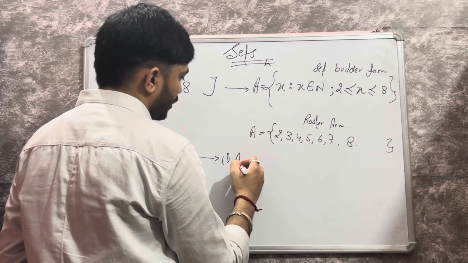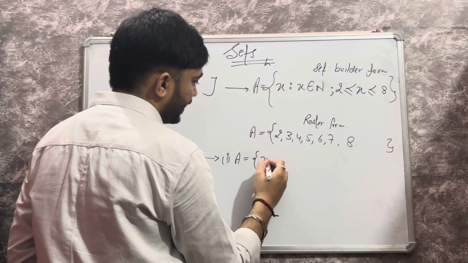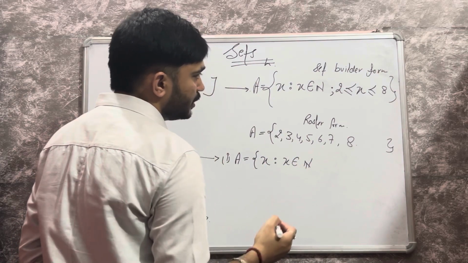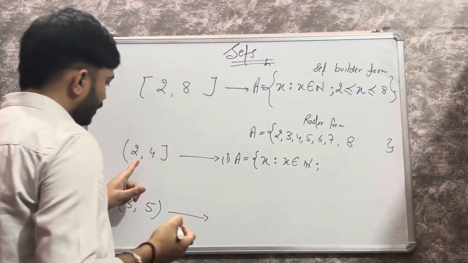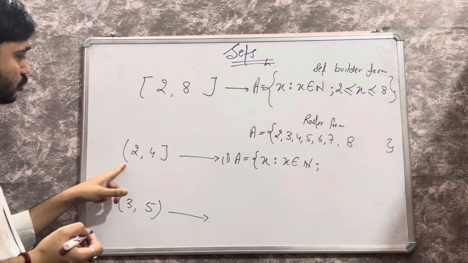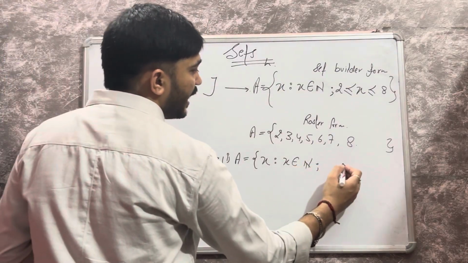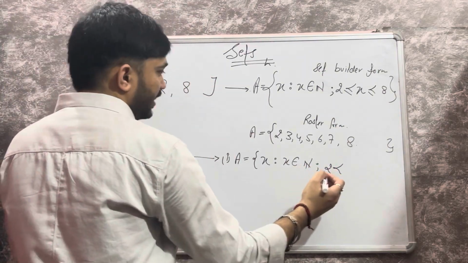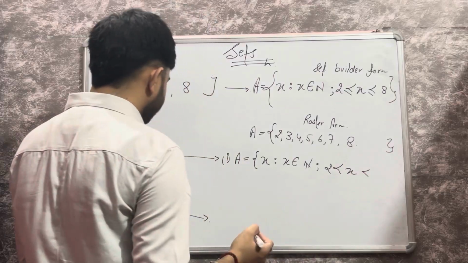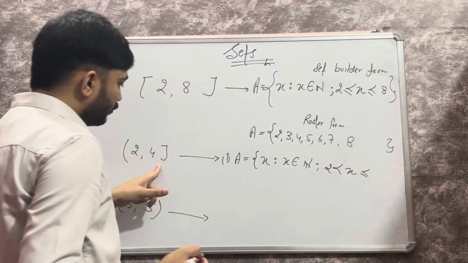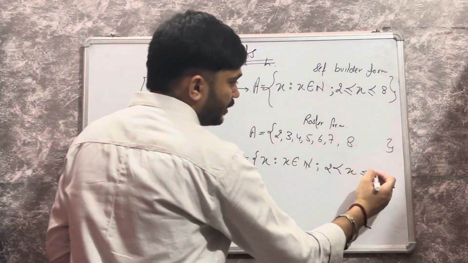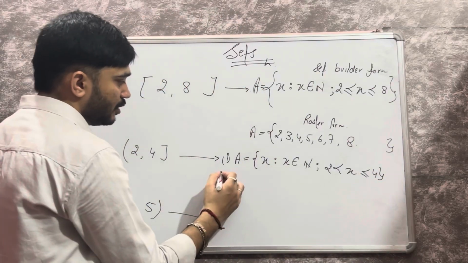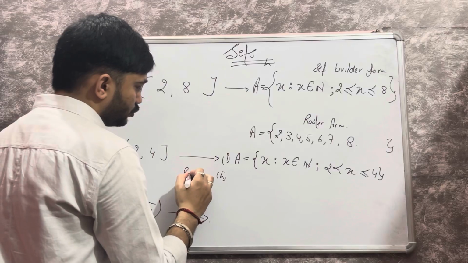A is equal to {x : x belongs to natural numbers, where here it is an open bracket, so 2 should not be included, so we add just the less than sign with value 2 here, then x, then the less than or equal to sign because the closed bracket is here, and 4}, curly bracket closed. This is the roster form of it.